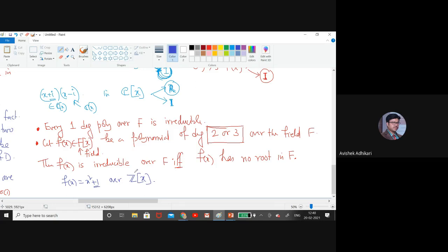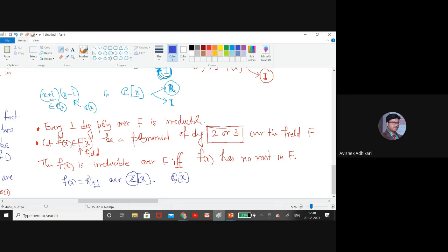Okay, if you have, say, Q[x], since Z is not a field, you cannot directly use it, but you can use it in Q[x]. Q is a field. This is a degree 2 polynomial, and since there is no root of this polynomial in Q, you can directly say that this is irreducible in Q[x]. Again, have a look at this.